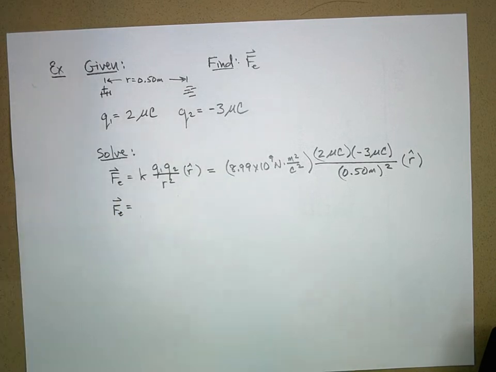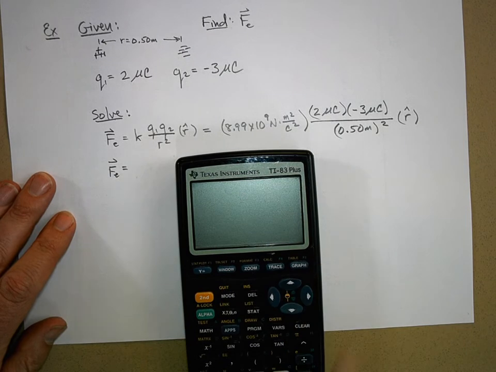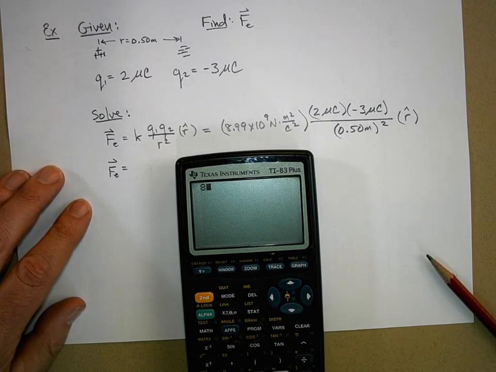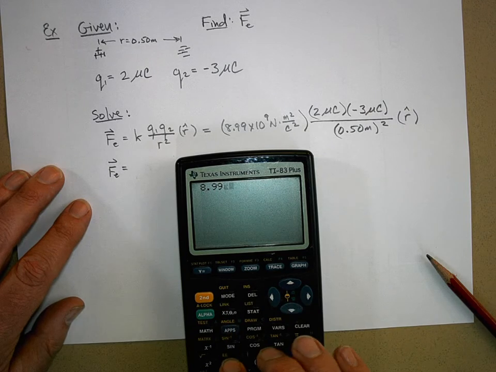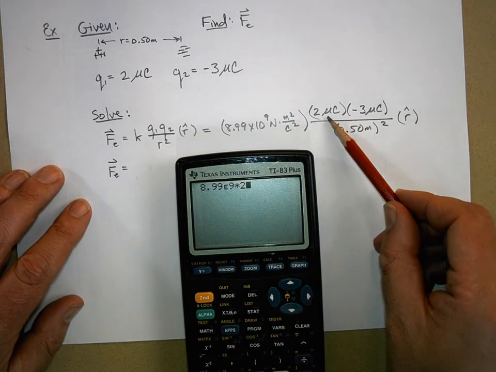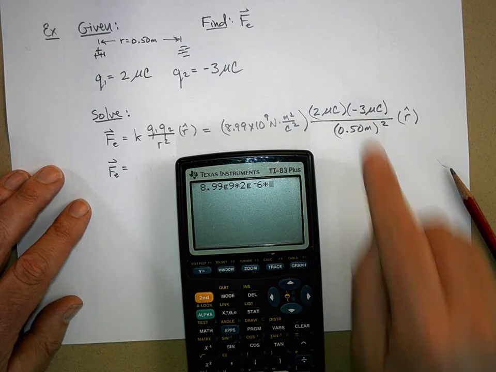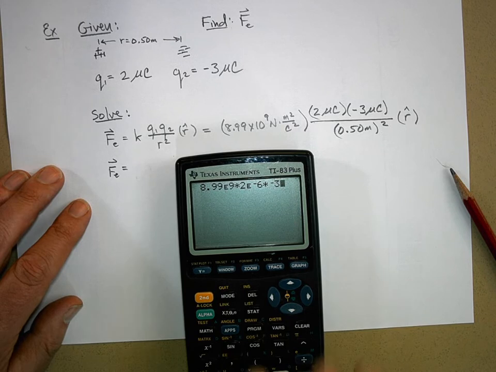So let's do that. Let's see. 8.99 times 10 to the 9 times 2. Now what do I have to remember to do to this 2? That's right. Negative 6 times negative 3 to the negative 6.